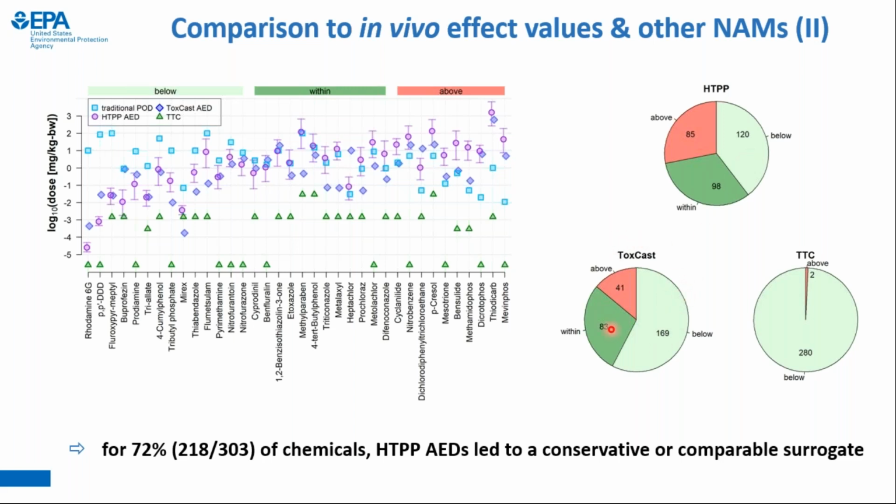And ToxCast has even more cases, and the TDC even more. That's what we've seen on the slide before. But so overall, for 72% of chemicals, we would have obtained a conservative or comparable surrogate.